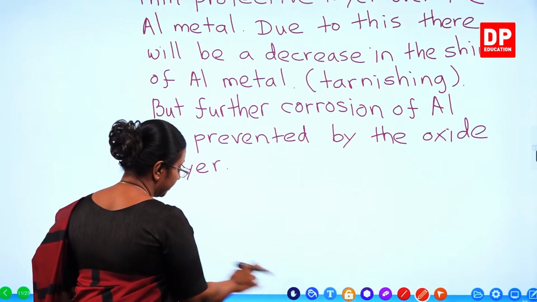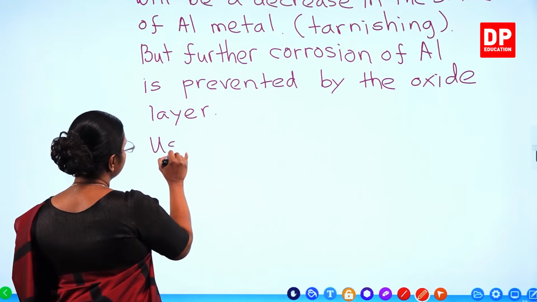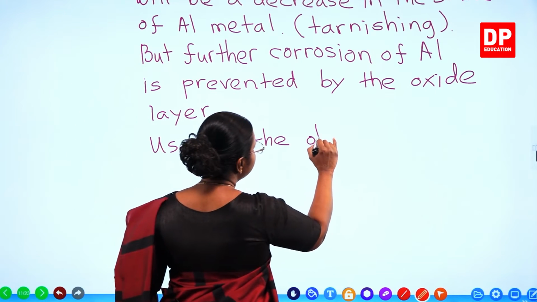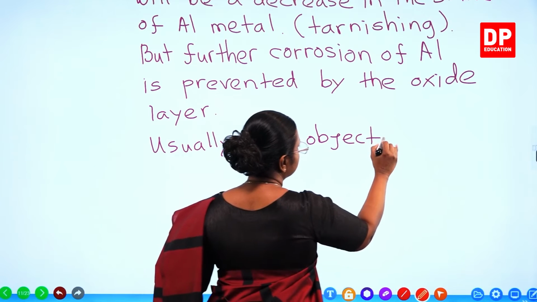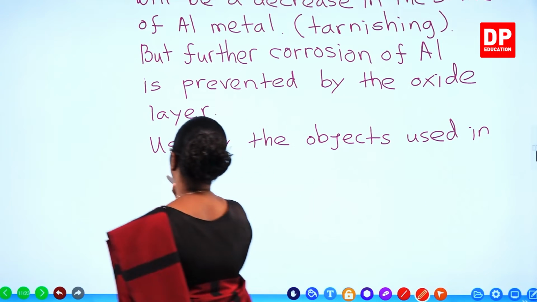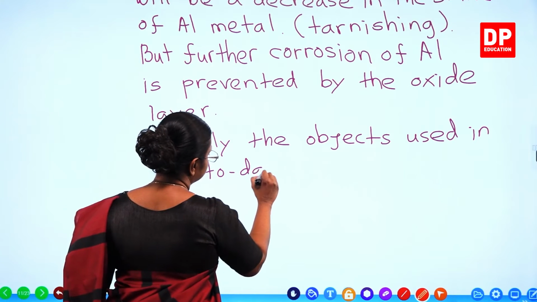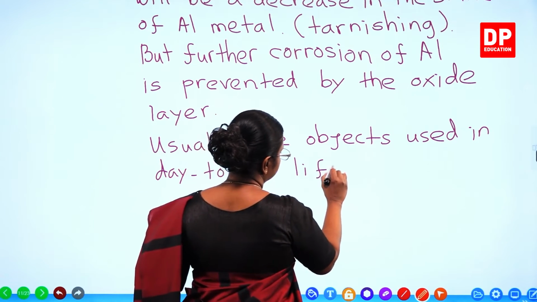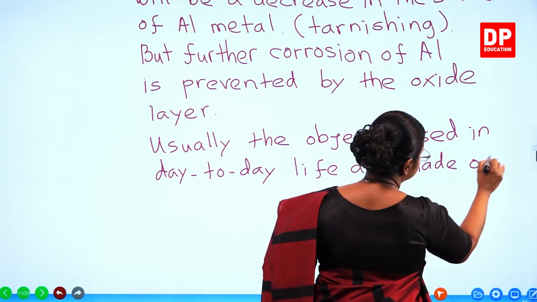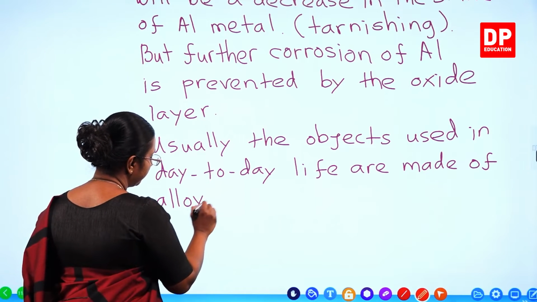The other point, usually the objects used in day-to-day life are made of alloys of aluminium.